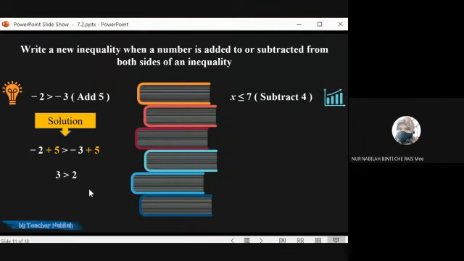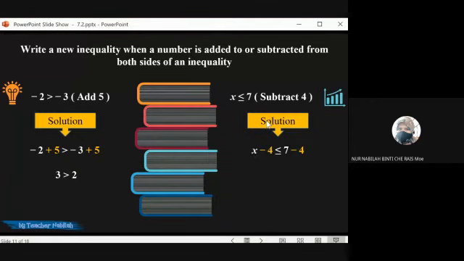Second example, x less than or equal to 7, you have to subtract 4. You subtract from both sides, on the left and also on the right.